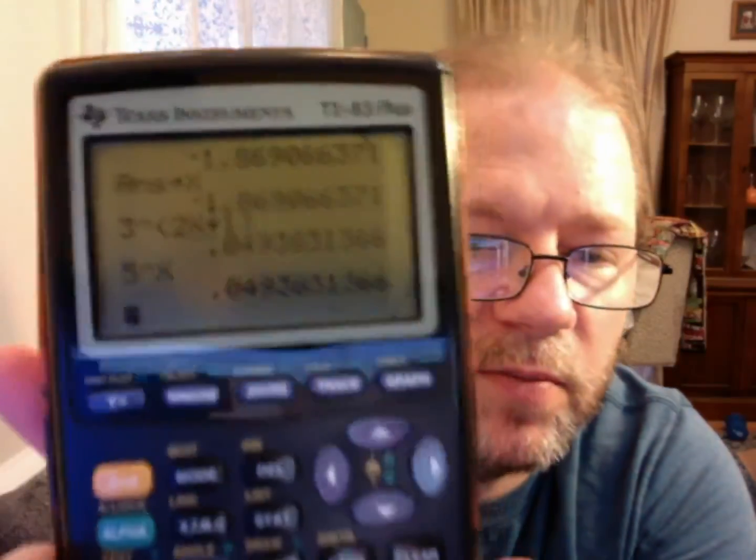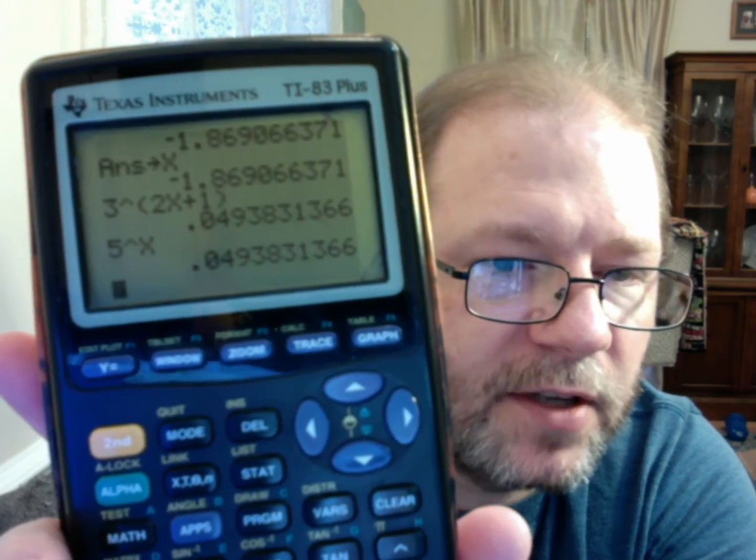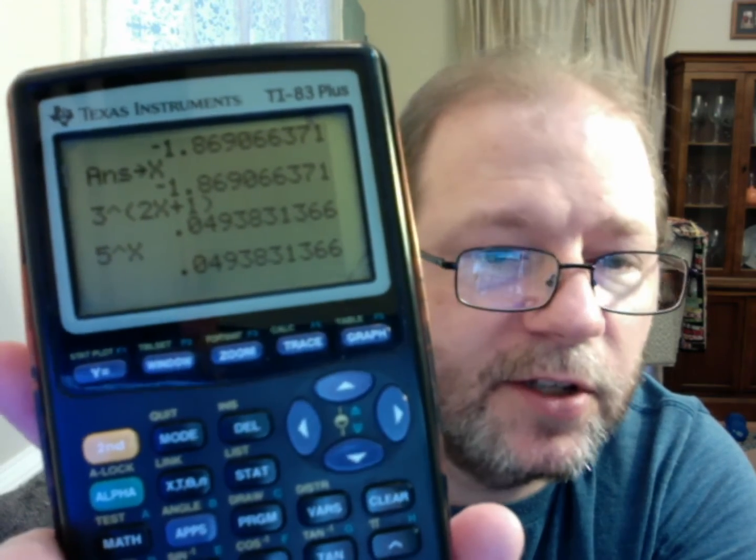And I'm going to do both sides of this individually. I'm going to do 3 raised to the 2x plus 1. And then I'm going to do 5 to the x. And when I do those, notice they both give me the same value. So that's how I can check it and see that my answer is indeed correct.